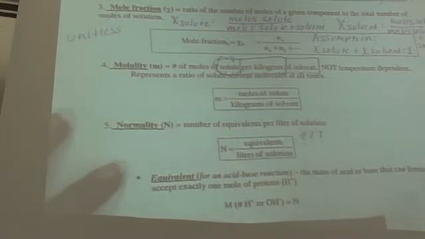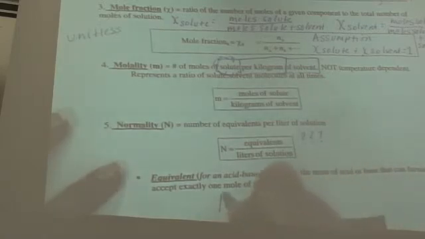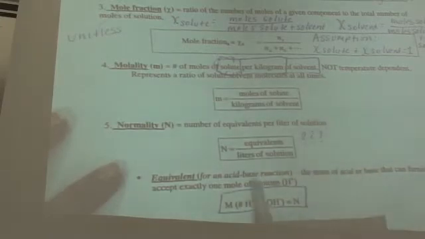It's a mass of acid or base that can furnish or accept exactly 1 mole of protons. Oh, I don't really care. Nope, you don't. This is the only thing that could be moderately useful to you. If you take the molarity of something and you multiply it by the number of protons or the number of hydroxide ions that it can furnish, that is the normality.